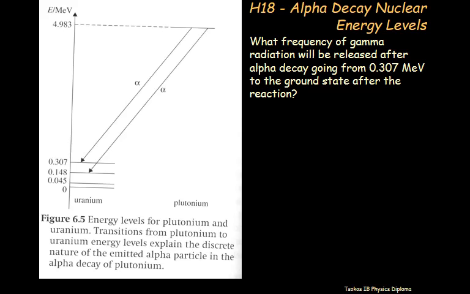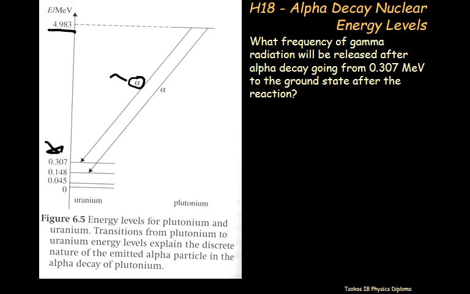So if we take a look at this one here, this is H18. What frequency of gamma radiation will be released after alpha decay, going from 0.307 mega electron volts to the ground state after the reaction? Let's go ahead and try that. I'll let you pause the clip and calculate that. Again, that's for this case where the alpha particle shoots out, going from 4.983 to here.